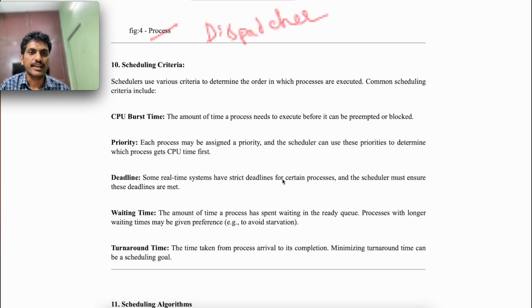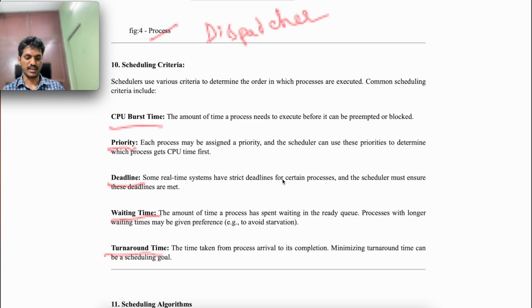Next one, scheduling criteria. So see here, there are some keywords you need to understand: process burst time, priority, queue, deadline, and waiting time.